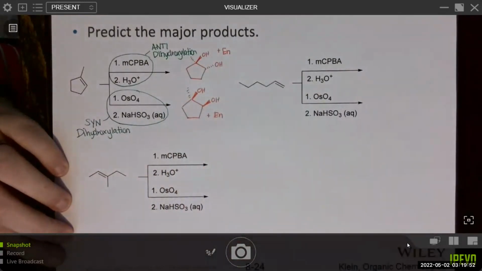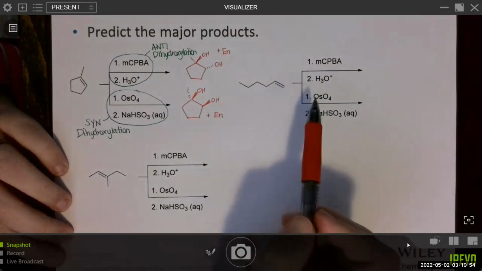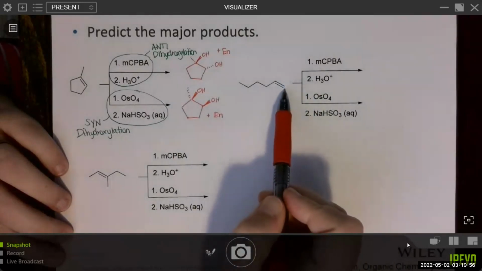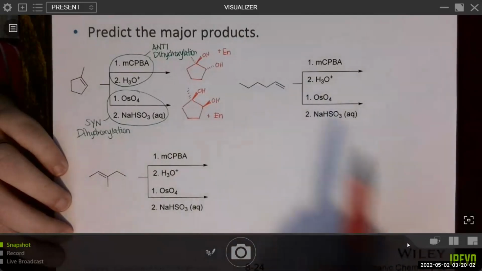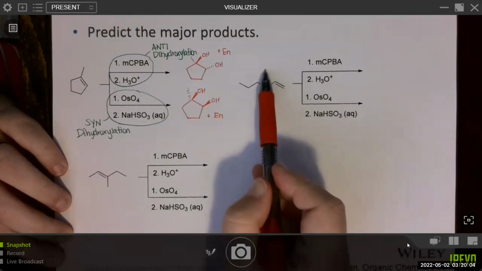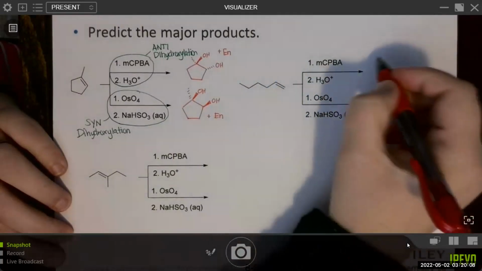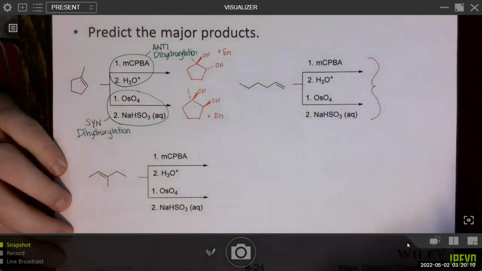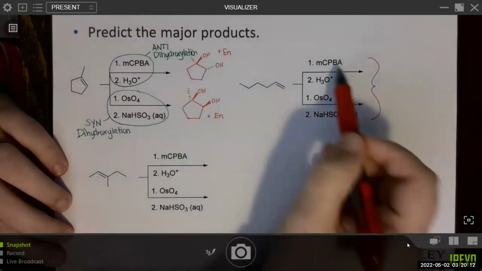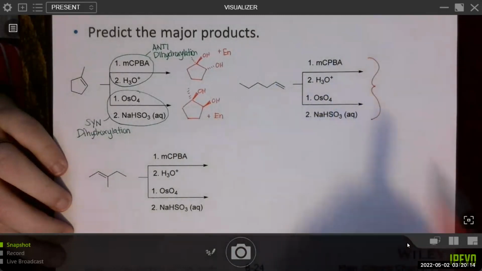Okay, moving over here, remember I said that this does not become a chiral center when it gets a functional group because of the 2 hydrogens that are here. So the only one that becomes a chiral center is this one, in which case we're always going to get a racemic mixture. So we're going to get the same product regardless of which condition, because these are both dihydroxylation.